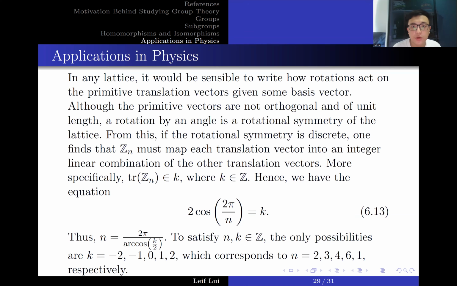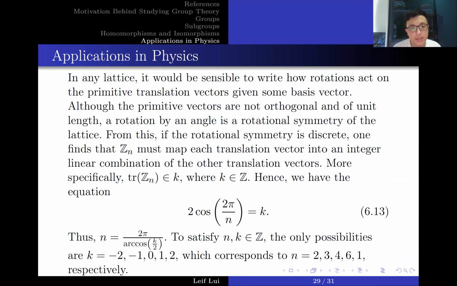So in any lattice, it would be sensible to write how the rotations act on the primitive translation vectors given some basis. Although the primitive vectors are not orthogonal and of unit length, a rotation by an angle is a rotational symmetry of the lattice. And from this, the rotational symmetry is discrete.